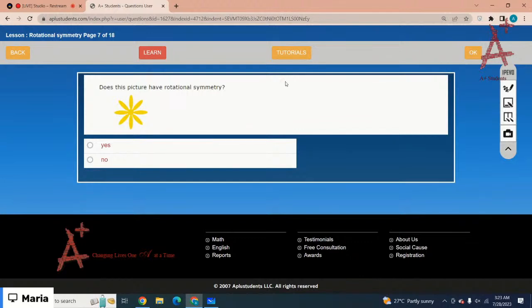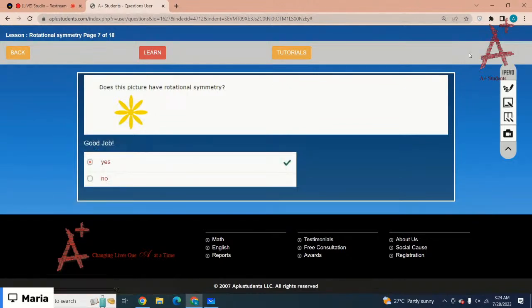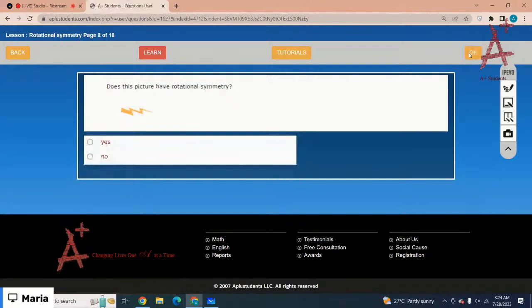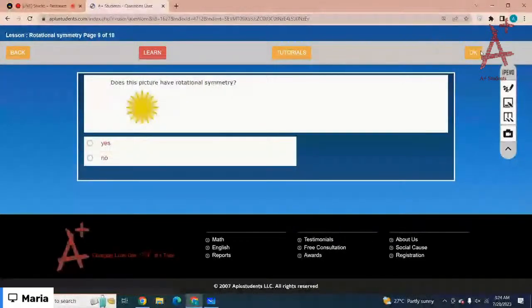The correct option is yes. Does this picture have rotational symmetry? Which is the correct option? The correct option is no. Does this picture have rotational symmetry?